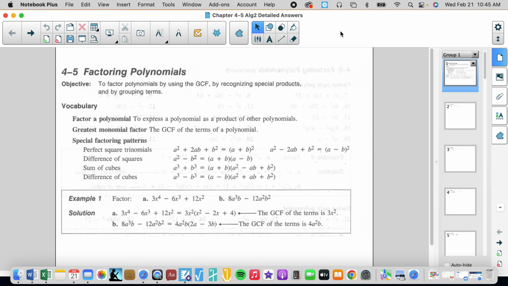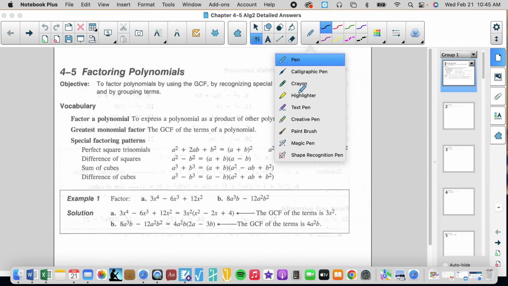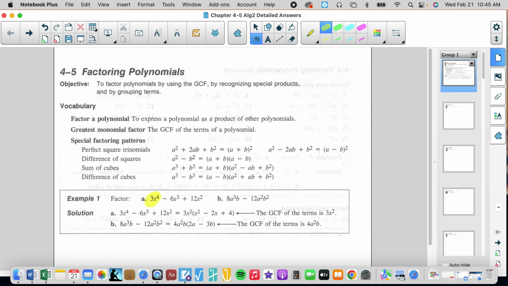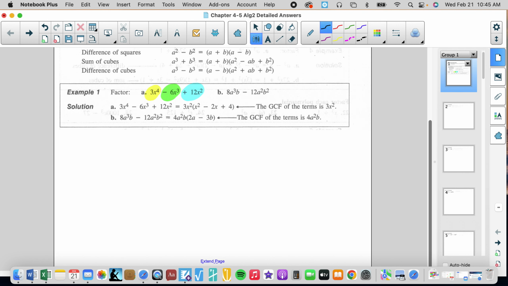If we look at example number 1, we have 3 terms here. We have 3x to the 4th, negative 6x to the 3rd, and positive 12x squared. If we were going to factor the GCF, we're going to look at those 3 terms and do the prime factorization.